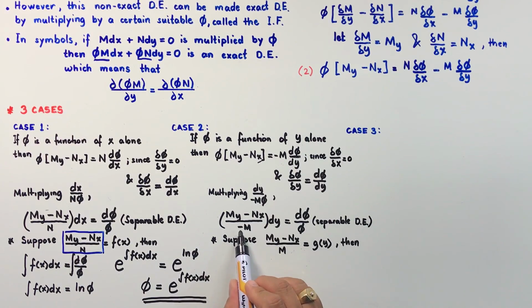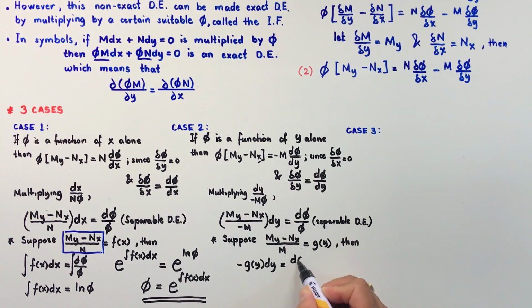But there is a negative here, so we will write the negative of g of y times dy, which is equal to the differential of the phi function over phi.